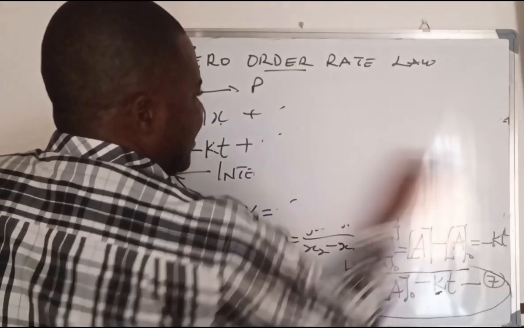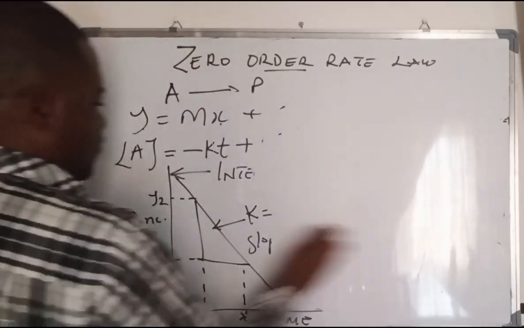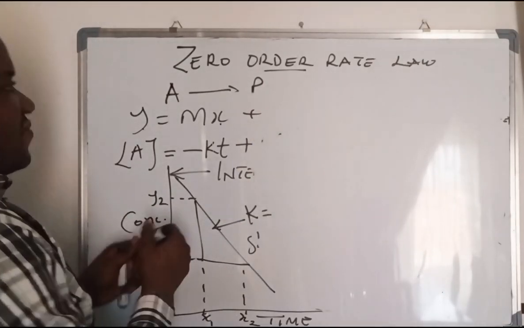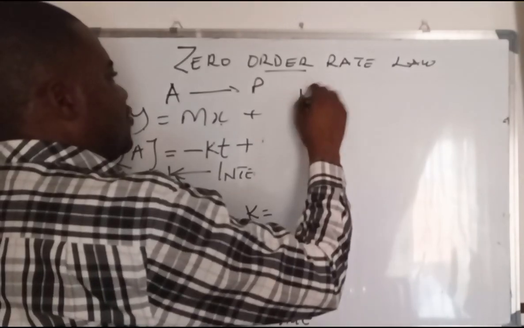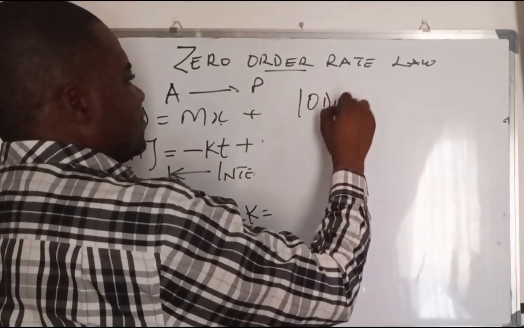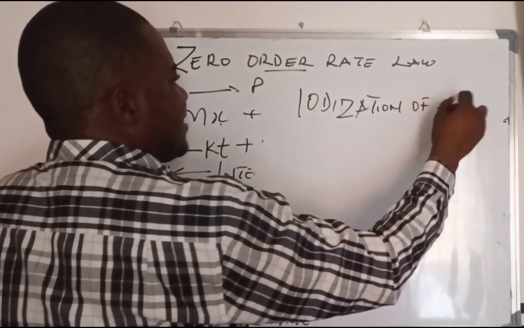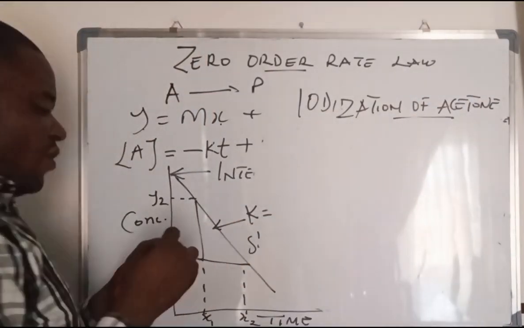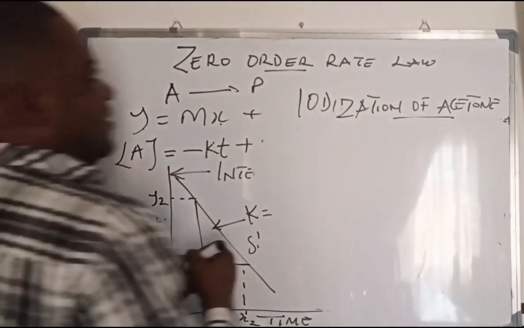So the iodization of acetone is one of those reactions that obey the zero order rate law.